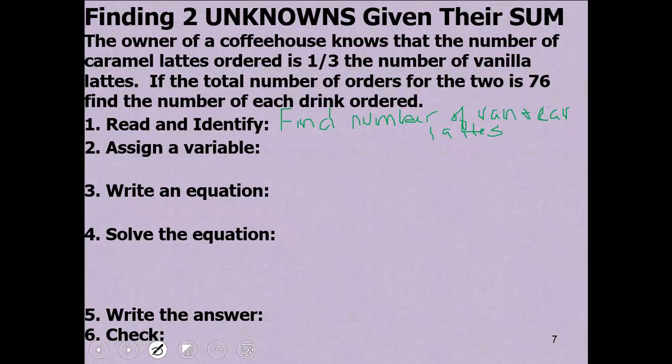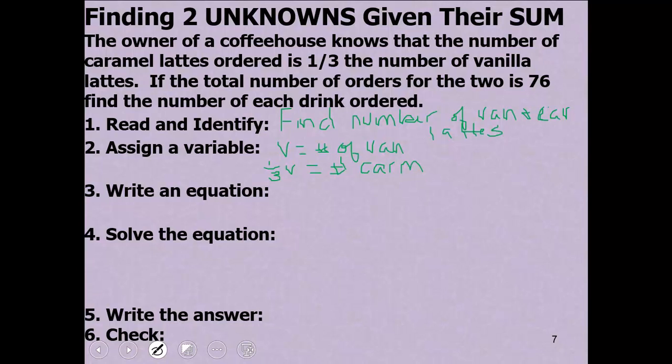This is where most students have the trouble. If I read this, the number of caramel depends on the number of vanilla. So if I knew the vanilla, then I could back into the caramel. So I'm going to let V equal the number of vanilla lattes, which means that 1/3 V, or V divided by 3, has to equal the number of caramel.